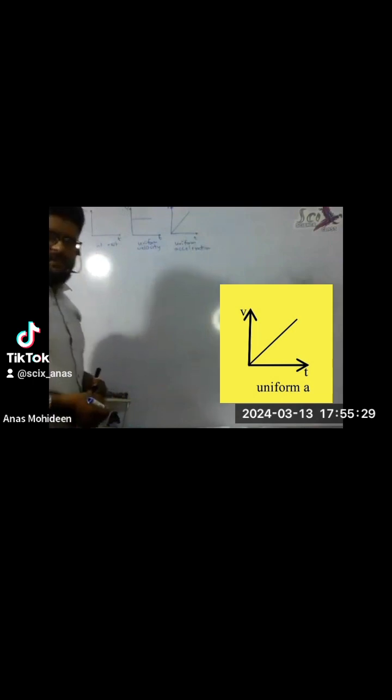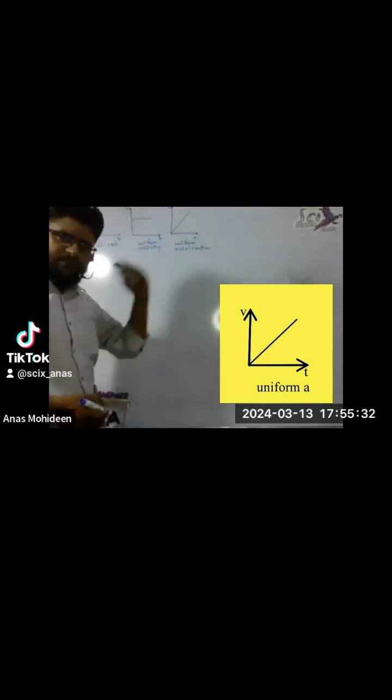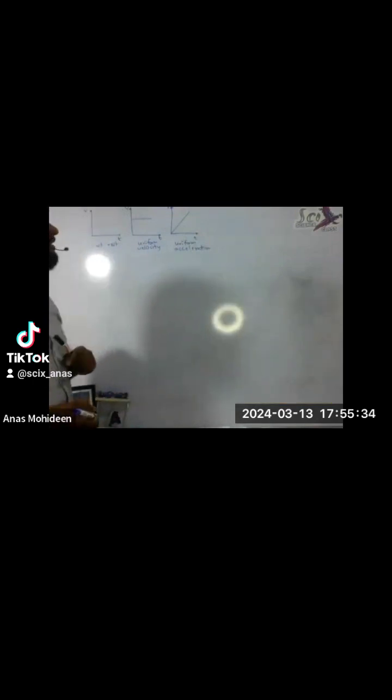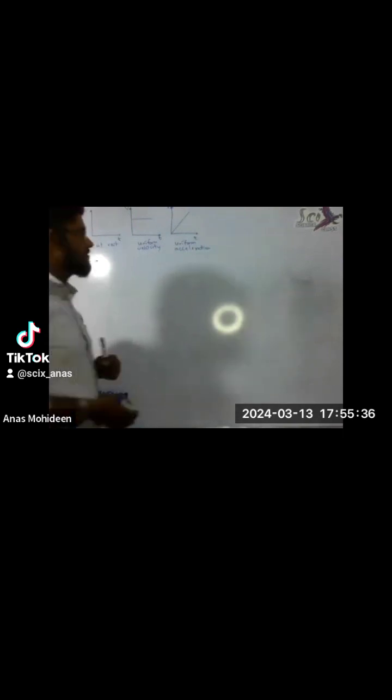And the third graph is uniform acceleration. The object moves at increasing velocity, accelerating. Uniform acceleration graphs will be given in this way. The rate of change of velocity is uniform, so it is a uniformly increasing velocity.